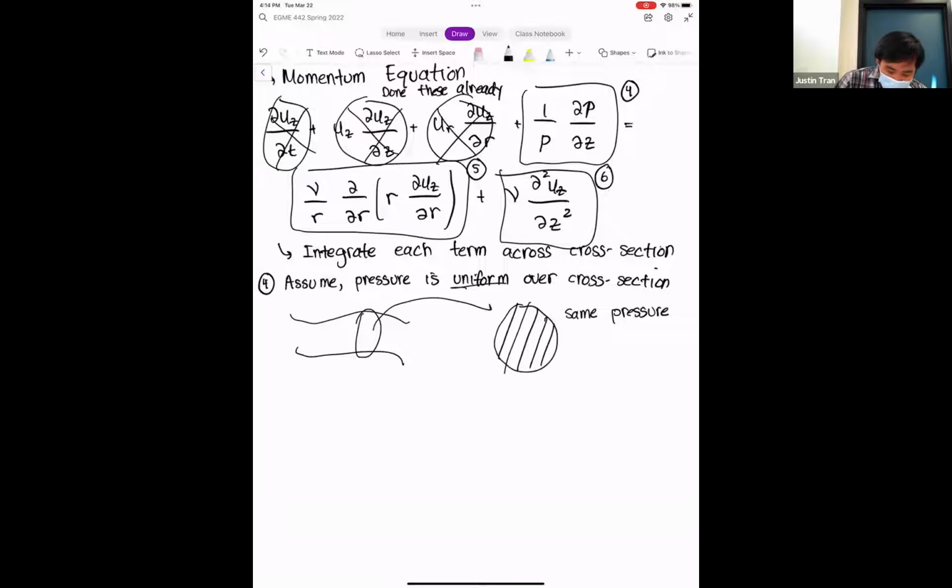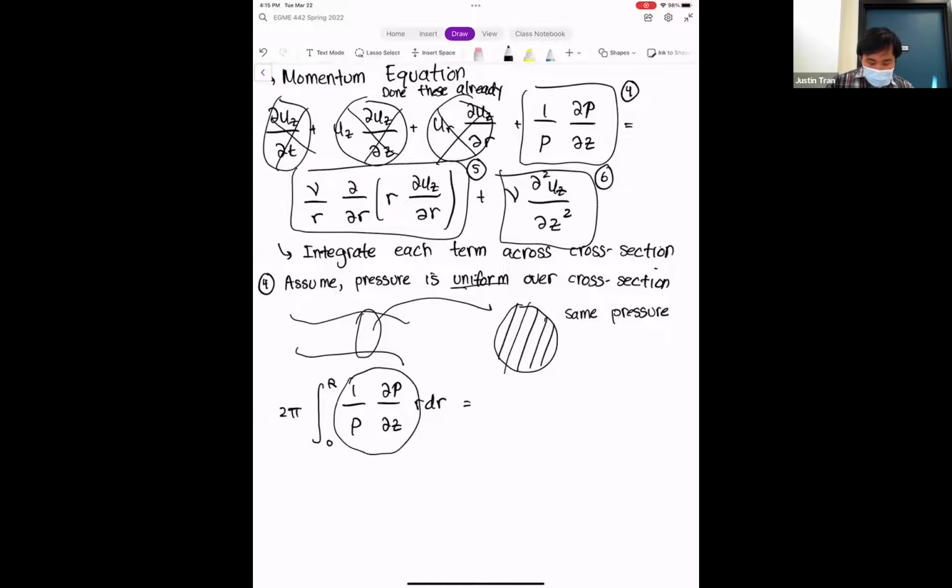When we write out the mathematics for integral 4, we have 2 pi times the integral from 0 to big R of 1 over rho, partial p partial z, r dr. Under this assumption, this integral becomes super easy to compute because the pressure gradient does not depend on r, because it's uniform across the cross section.